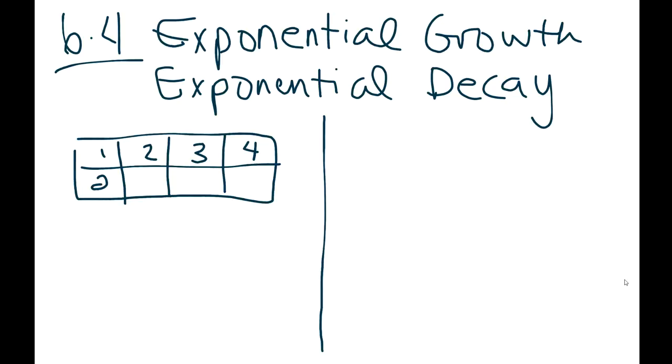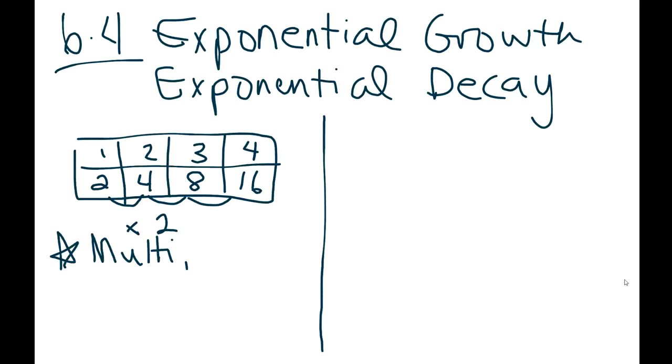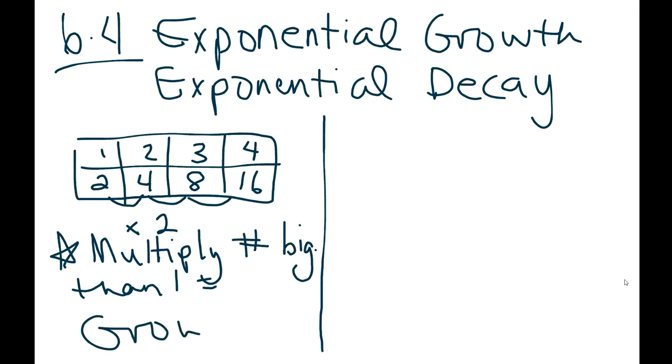So for example, if you had something like this, you can see that this is being times by 2. So because you're multiplying by a number bigger than 1, it's growth, exponential growth.